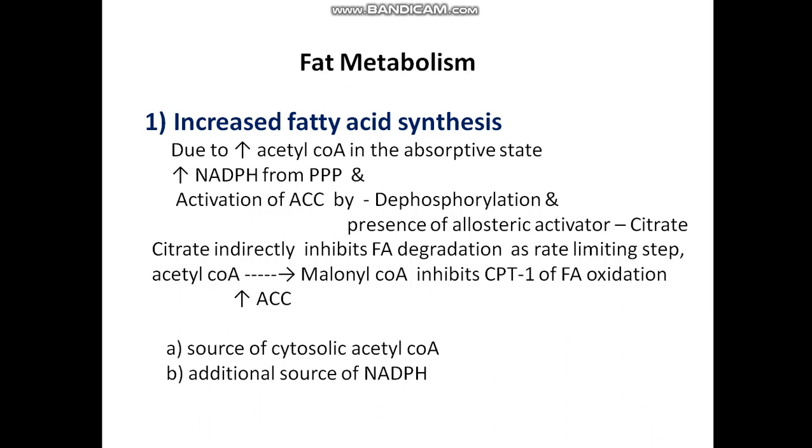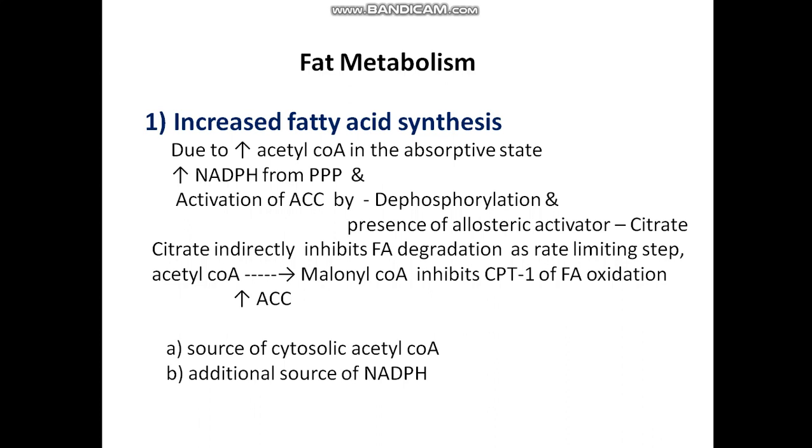This increased fatty acid synthesis functions as a source of cytosolic acetyl coenzyme A and an additional source of NADPH. How does it function as a source of cytosolic acetyl coenzyme A? Pyruvate enters mitochondria, producing acetyl coenzyme A, which combines with oxaloacetate producing citrate.